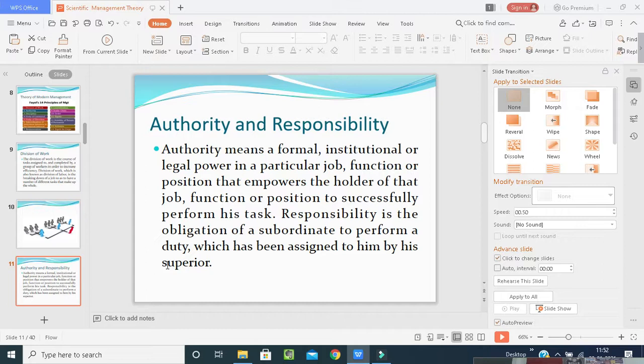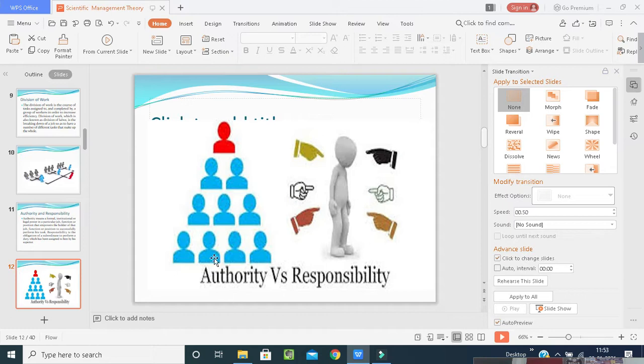It is the obligation of a subordinate to perform a duty which has been assigned to him by his superior. Whatever the superior is saying, it is the duty or responsibility of the subordinate to perform it. Now, if you see here, this is the chain. Here, this is the authority one by one. These four people can't go to this position.